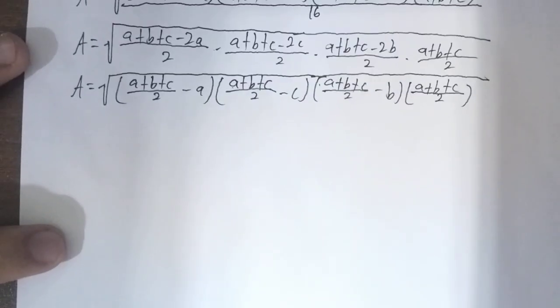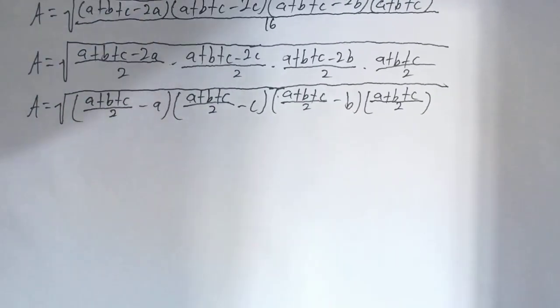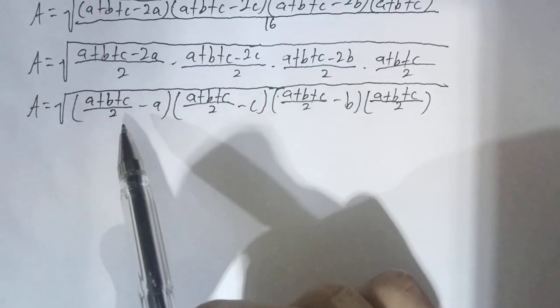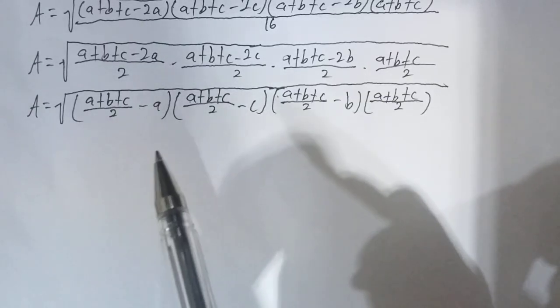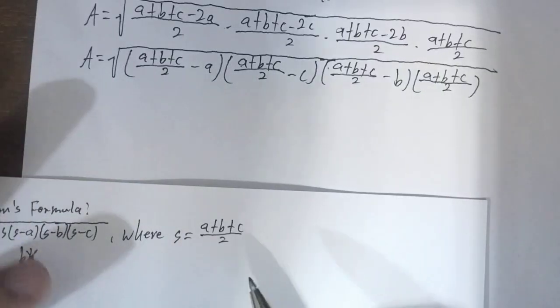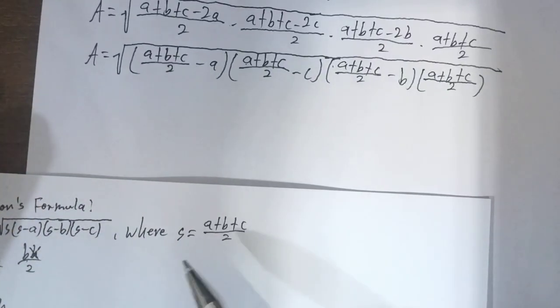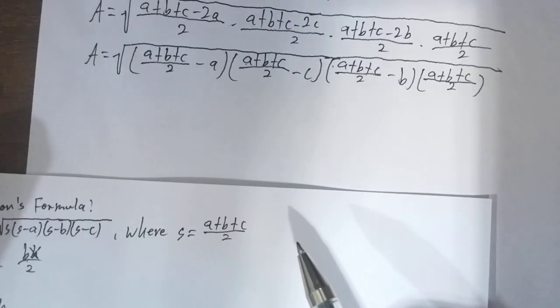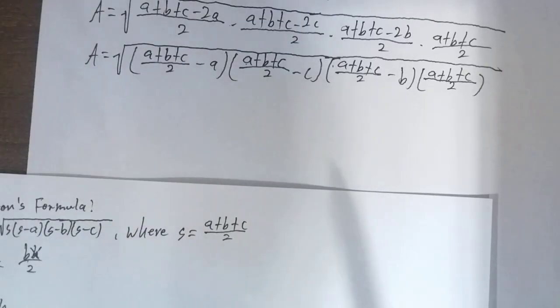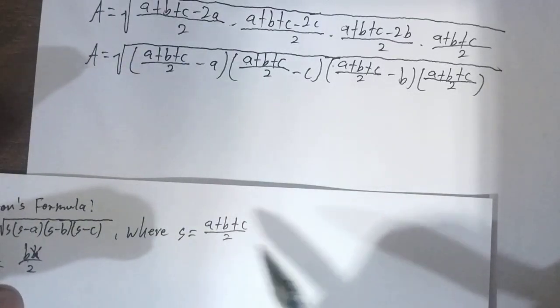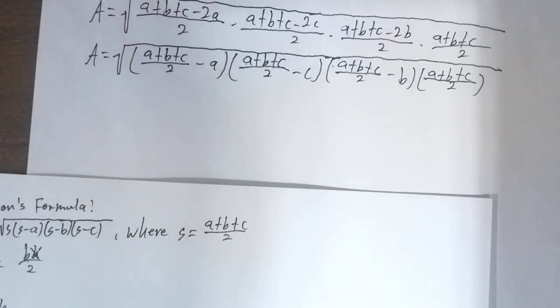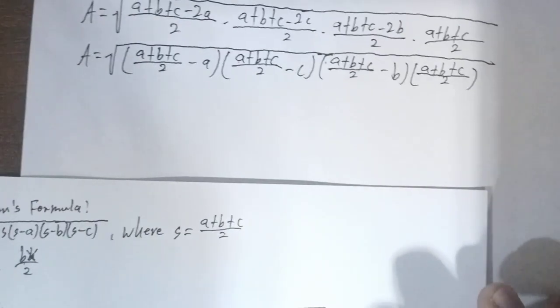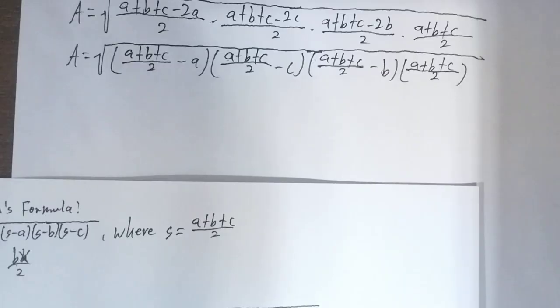Okay. And then I think you can see it now that a plus b plus c over 2 is equal to s. Here, as you can see, right? S is equal to a plus b plus c all over 2, correct? So what we would do is substitute the value of S in our derived formula for the area of the triangle.